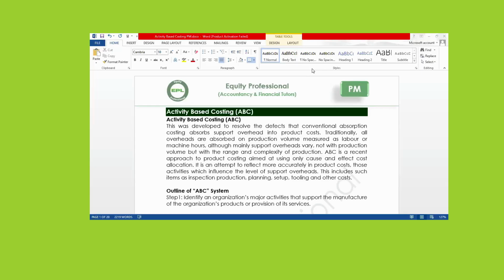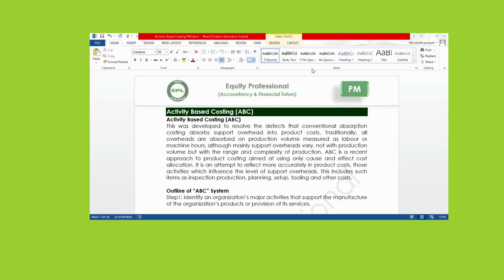The modern costing system is a costing system developed to address the needs of the modern manufacturing environment. The modern manufacturing environment is highly automated.